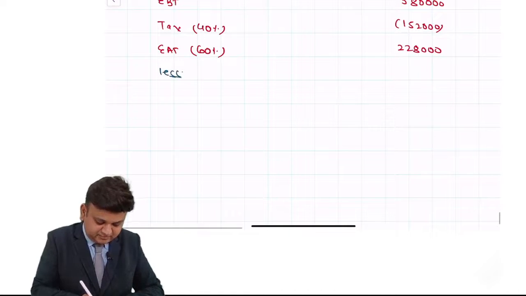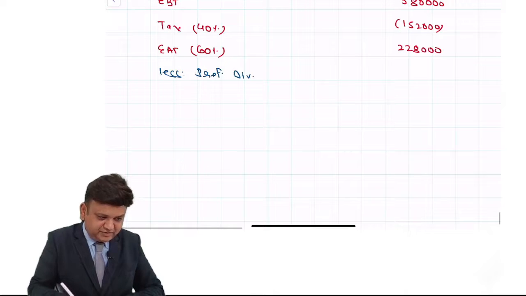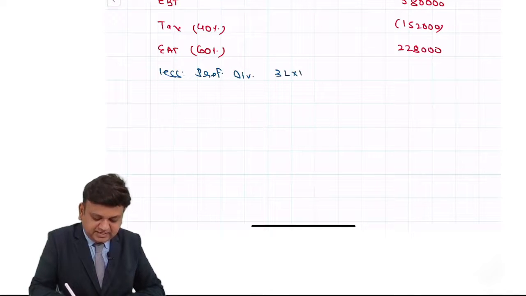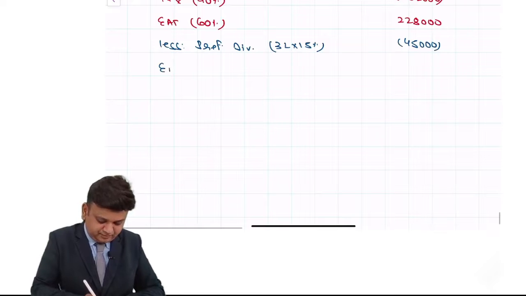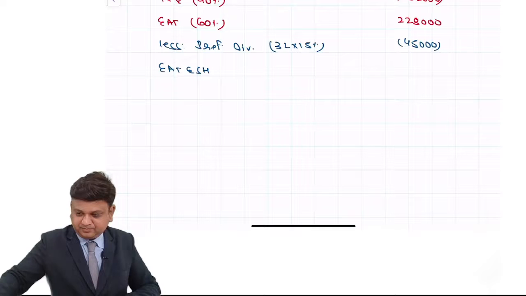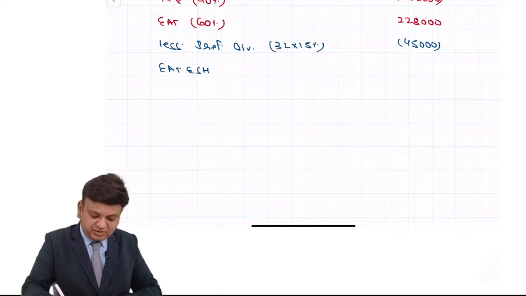Less preference dividend, 3 lakhs into 15%, 45,000. Earning available to equity shareholders 1,83,000.